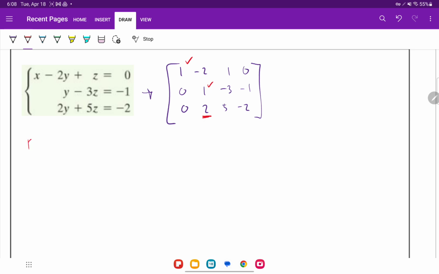So now we need to make this 2 into a 0, and the way I'm going to do that, I'm going to change row 3, and I'm going to take negative 2 times row 1 and add that to row 2. So we're going to rewrite row 1, 1, negative 2, 1, 0. We're going to rewrite row 2, 0, 1, negative 3, negative 1. And now for row 3, sorry, I see right here, this should have been row 3 equals, let me fix that, negative 2 times row 2, add that to row 3.